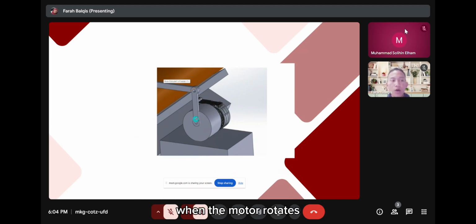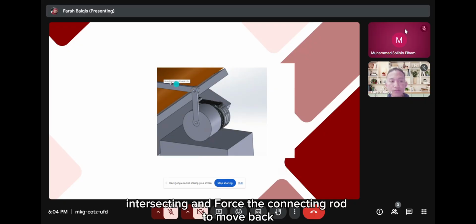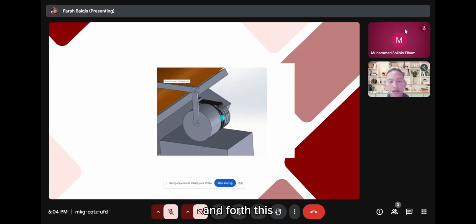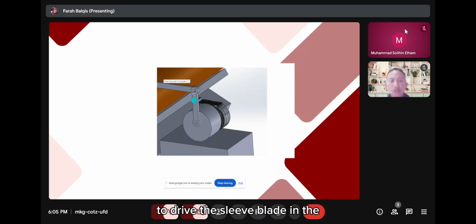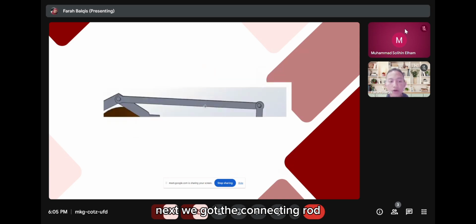When the motor rotates, the crank pin moves in a circle and forces the connecting rod to move back and forth. This back and forth movement is transferred through the linkage to drive the saw blade in reciprocating horizontal motion. In short, the motor supplies the rotation, and the crank link connection converts the rotation into the motion needed for cutting.